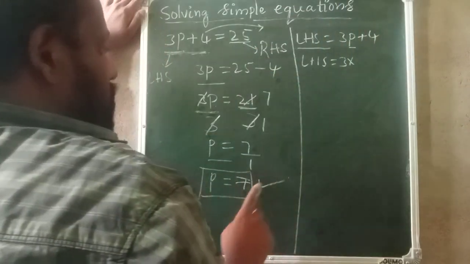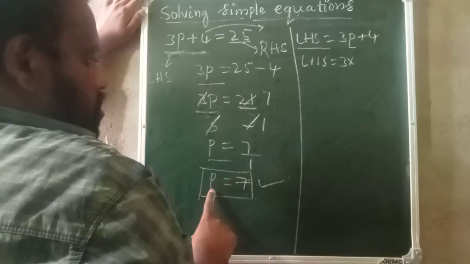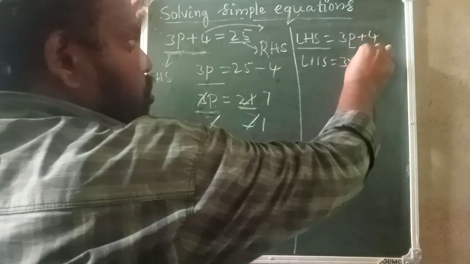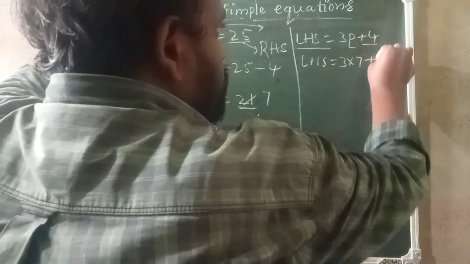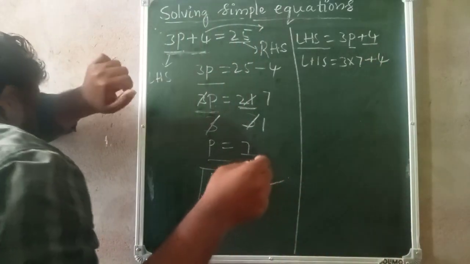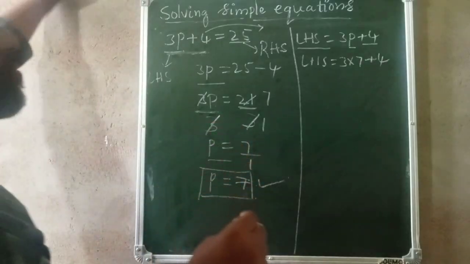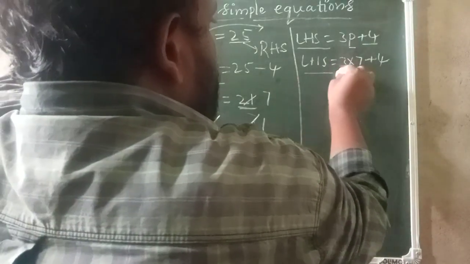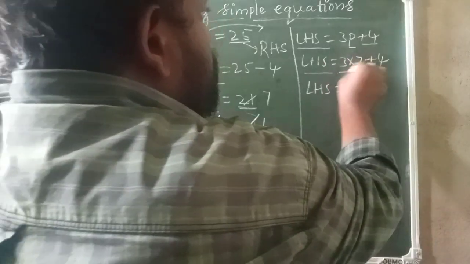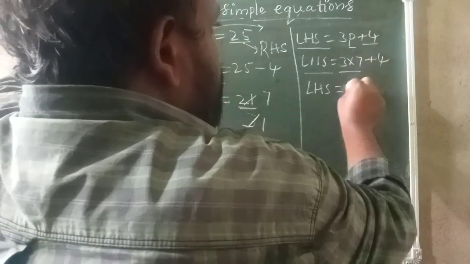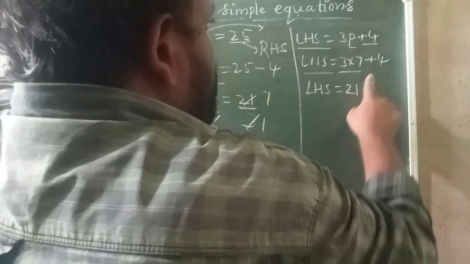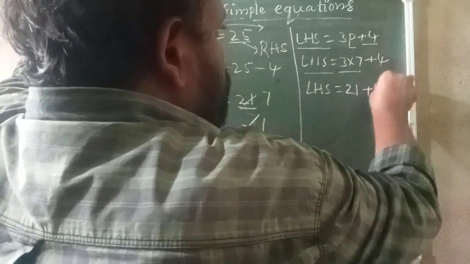In place of p I will substitute 7, because the value of p is 7. So LHS = 3 × 7 + 4. 3 sevens are 21, and this plus 4 you write as it is.